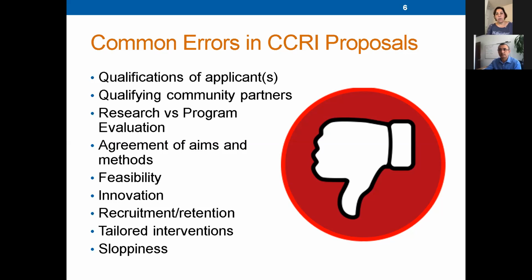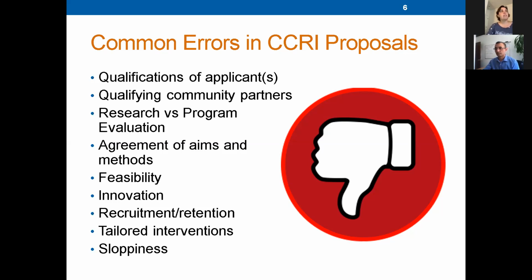Innovation is also important. Is the project ultimately answering questions that are interesting? It's important that you think about how you are going to recruit and retain people. And then again, tailored interventions need to be described with a little bit of detail in order to speak to the feasibility and innovation of the proposed intervention.